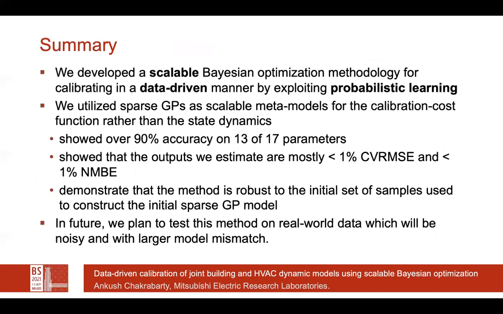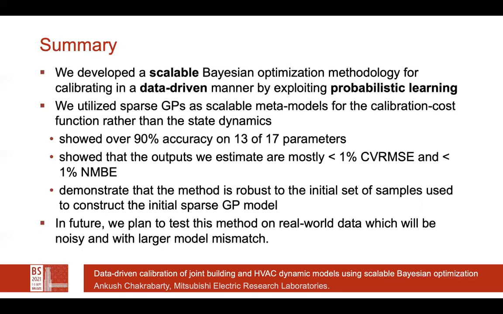To summarize, we've developed a scalable Bayesian optimization methodology for calibrating buildings and HVAC models in an integrated way, using only data without requiring model information by exploiting probabilistic machine learning. We propose sparse GPs as a scalable alternative to GPs in Bayesian optimization as meta models for the calibration cost function, rather than learning the more complicated state dynamics as a meta model.